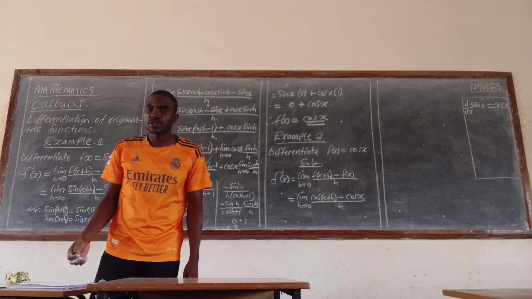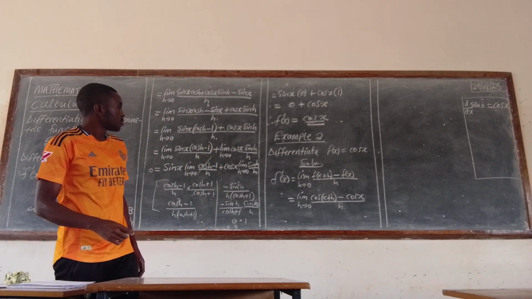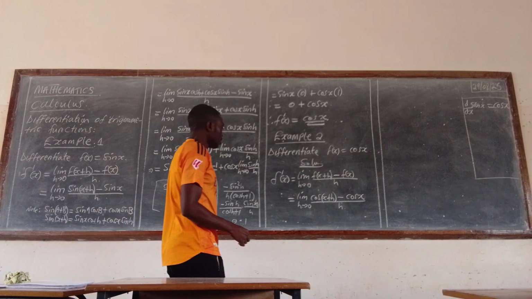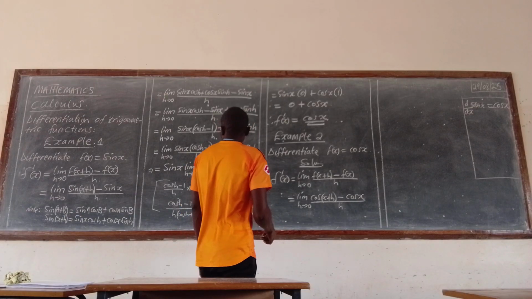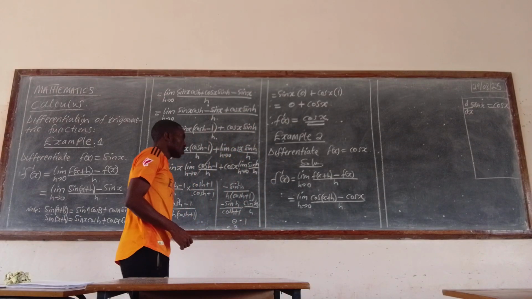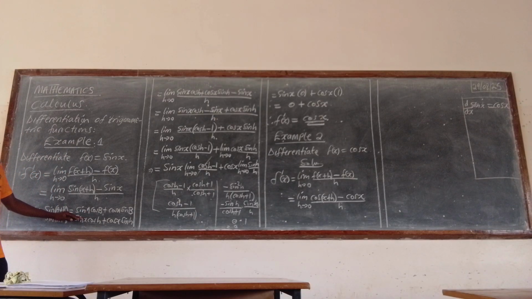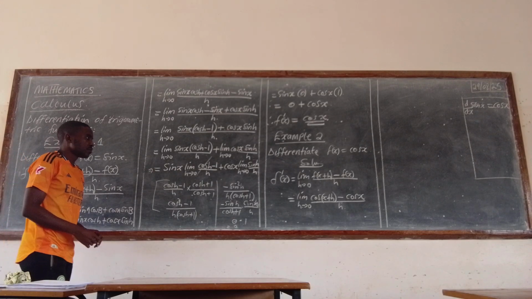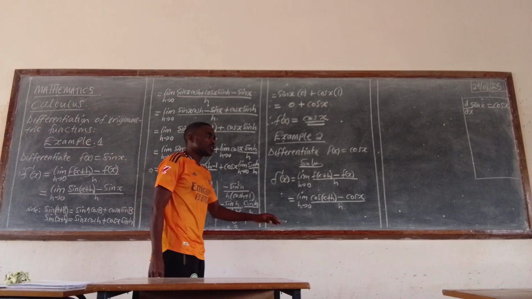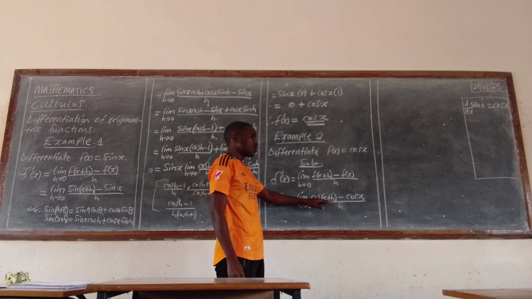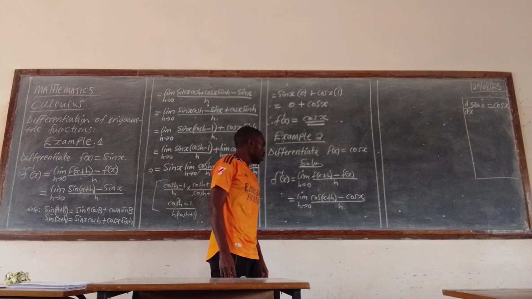divided by h. Divide everything by h. Now on this one, let us take note, just like we did on the first one, we had an identity concerning sine. So we also have another identity concerning cosine on the expansion of cos(x plus h).